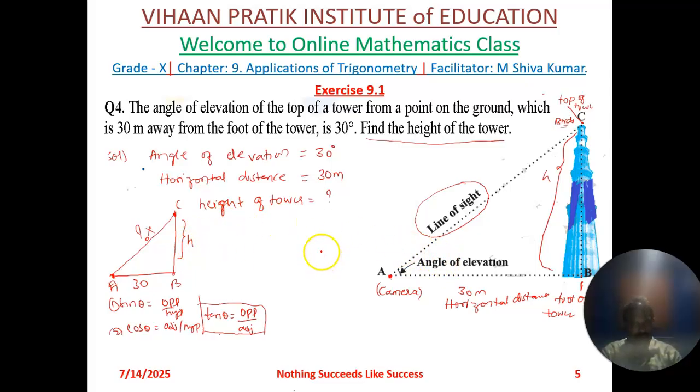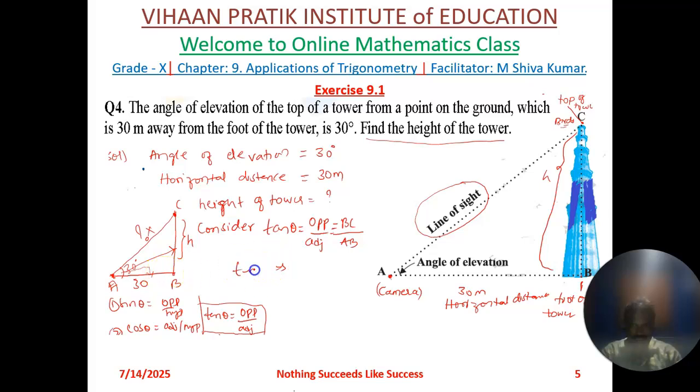Very simple. So consider the trigonometric ratio tan theta, which is equal to opposite by adjacent. Here opposite is the side opposite to the measuring angle 30 degrees, which is BC, divided by the adjacent side, the side adjacent to the measuring angle, which is AB.